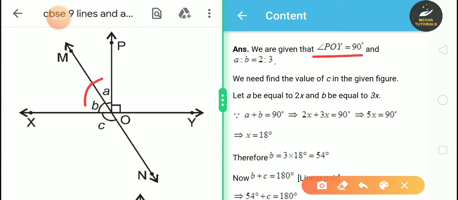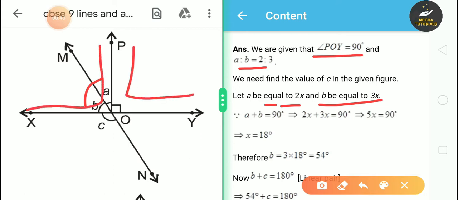Okay, so for this ratio we will assume x is the common factor. Therefore we can say that angle a is equal to 2x and angle b is equal to 3x. Okay, now angle POY is 90 degrees. Therefore I can say that angle POX is also 90 degrees because of linear pair. So angle POX means angle a plus angle b, which is equal to 90 degrees. Angle a and b are 2x and 3x respectively.